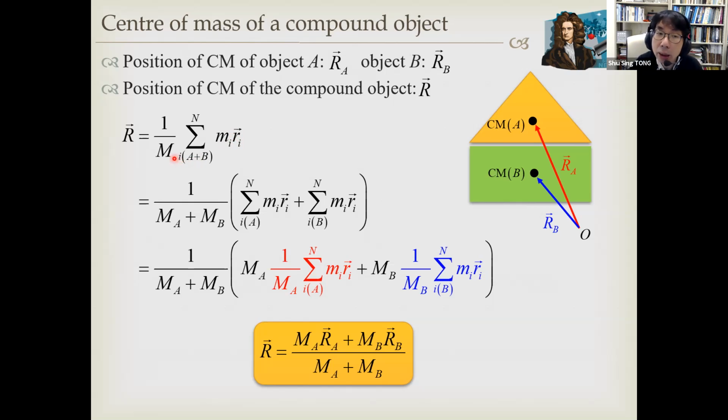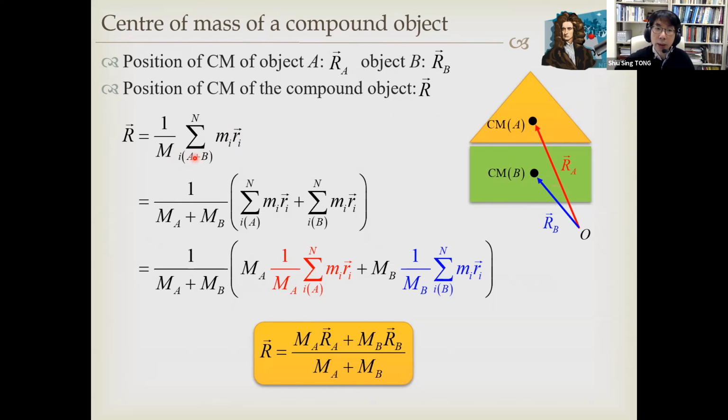But now we emphasize with a bracket that the summation covers the small pieces in both object A and B. So the summation runs over all the points on object A and also on object B, and we write a bracket A plus B to denote that.